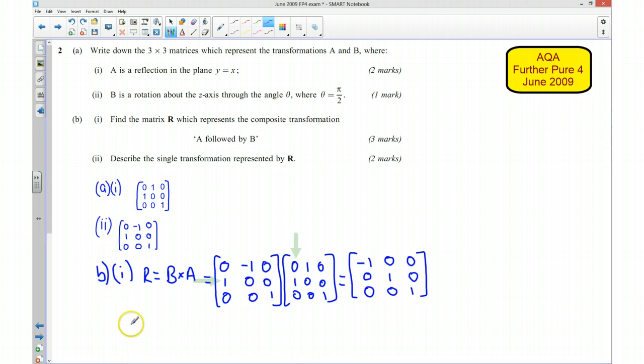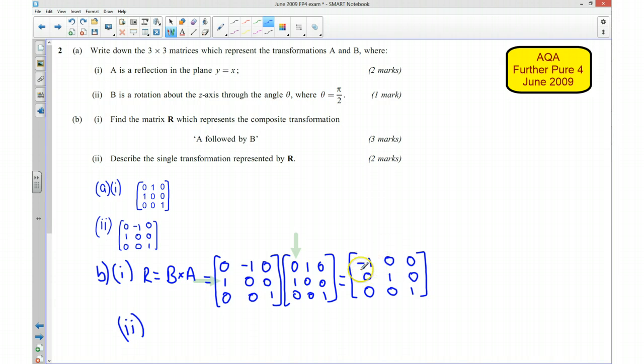Okay, part 2 of this is asking us to describe the single transformation represented by R. Now if we have a look at this, what I can see is that the Y and the Z are invariant. So I've got an invariant plane there. The YZ plane is going to be invariant, and my X coordinate is becoming negative.